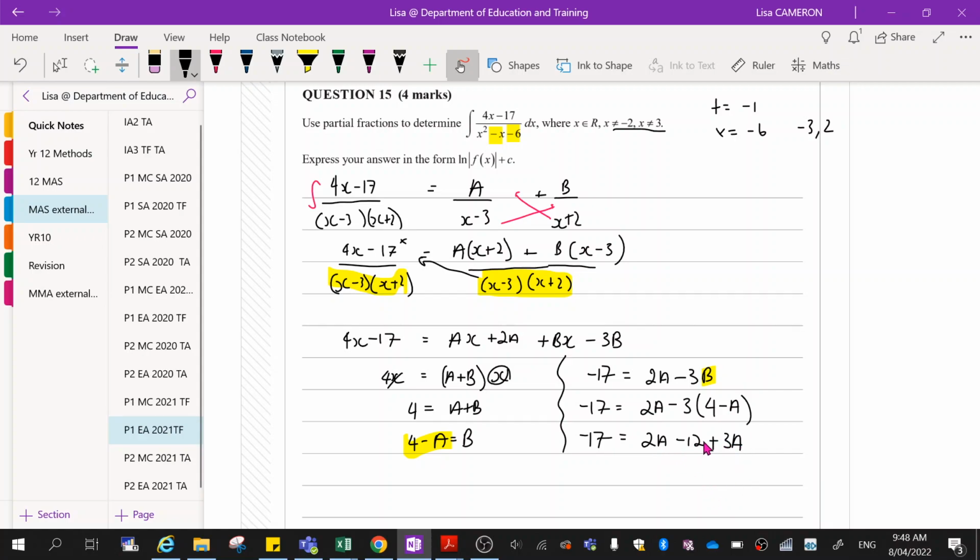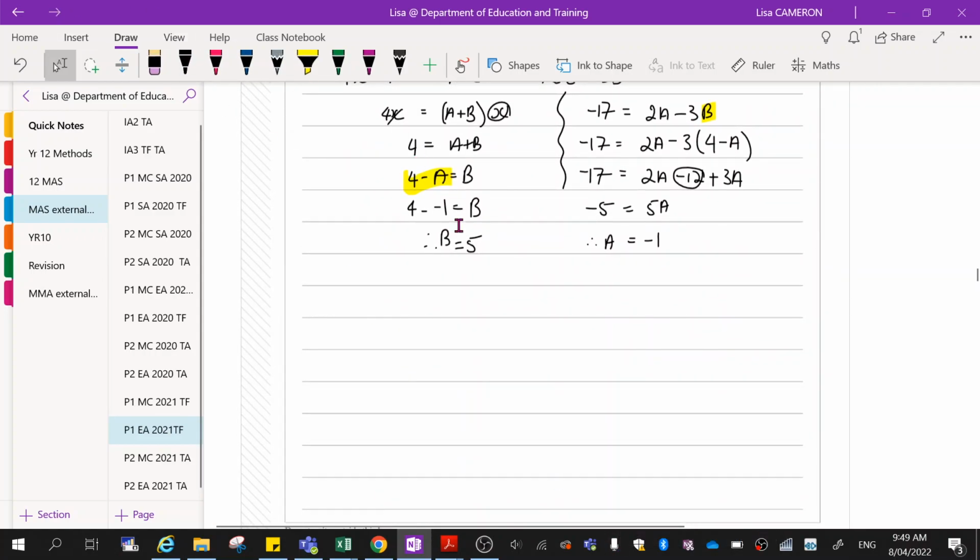Now I'm going to start moving my terms around. So when this comes over to the other side, it's going to add -17 + 12 and make -5. And these ones over here will be left with 5A, meaning that therefore A = -1. And when I substitute that back in over here, 4 - (-1) for B is going to be equal to +5. Okay, so all of that work was so that I could rewrite this fraction with a -1 above here and a 5 above there.